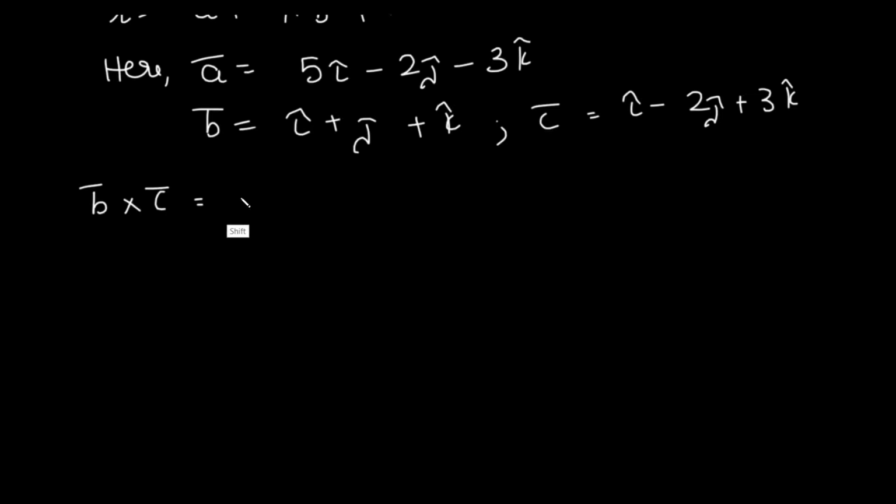So we write the determinant over here. For b we write 1, 1, 1, and for c, the third row, we write 1, −2 and 3.